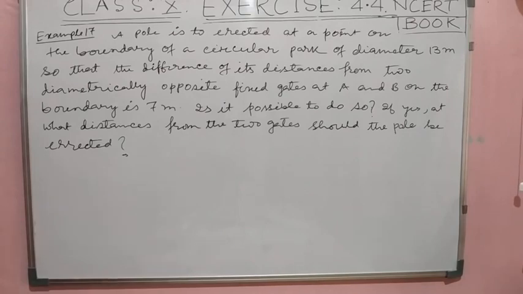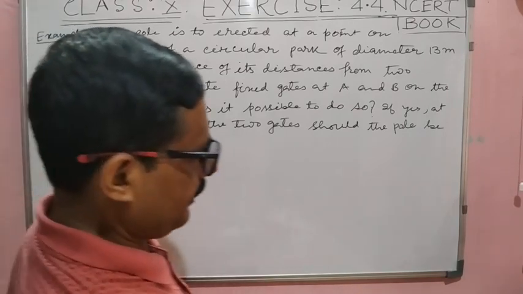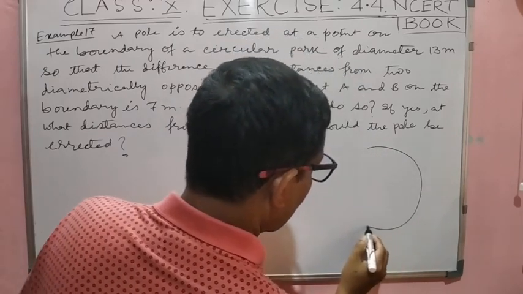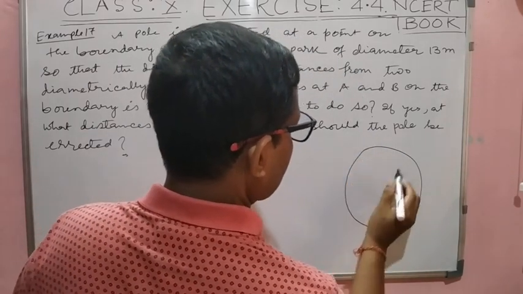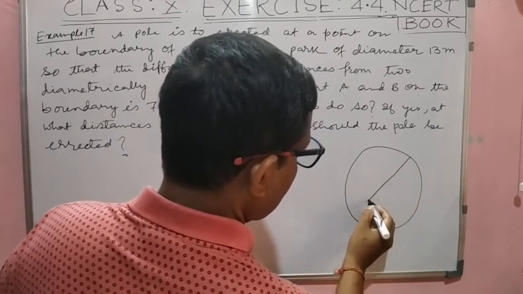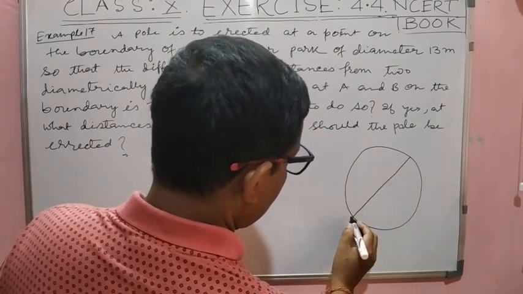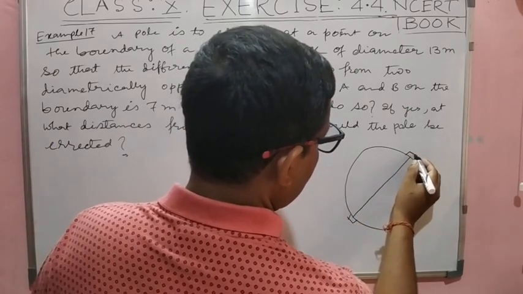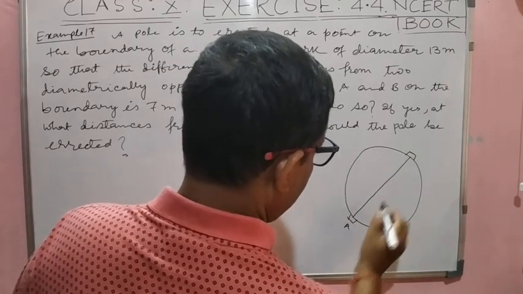Now let us see the question in diagram. Suppose this is a circular park. And this is the diameter. Here are two gates at the opposite ends of the diameter, AB.